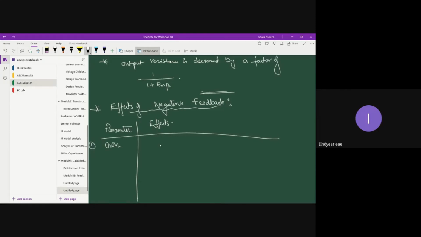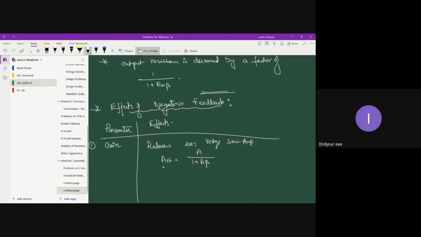Gain. So with feedback, what happens to gain? Basically with feedback, gain reduces, right? Example, for a voltage series amplifier, gain with feedback becomes AVF is equal to A divided by 1 plus A into beta.